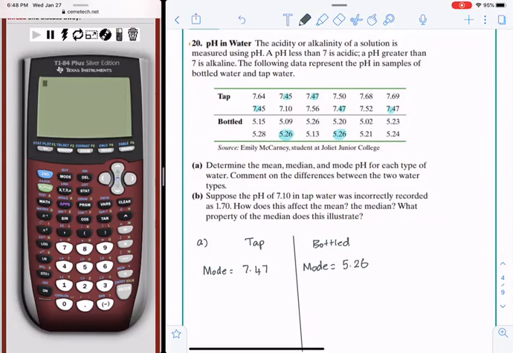So in your calculator, TI-84, you press stat, press 1, and you can enter data in list 1. So what I'm going to do is I'm going to enter tap water data in list 1, bottled water data in list 2.